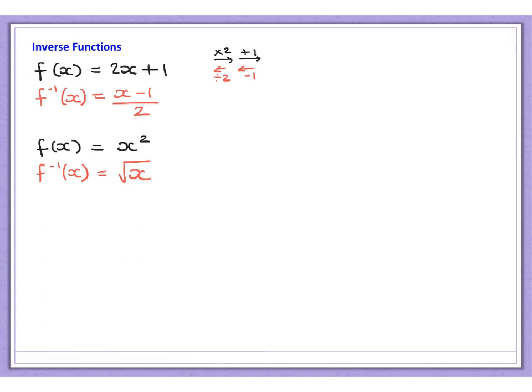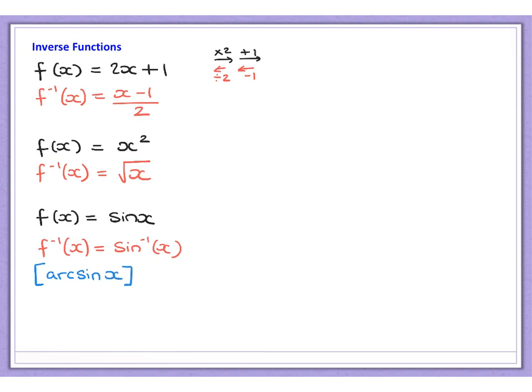Similarly, if your original function f of x equals sine x, then your inverse function could be expressed as sine minus 1 x. Some of you may have heard of a more formal definition of the inverse sine function, which is something called arc sine x, which you will learn about a little bit later on in more detail.